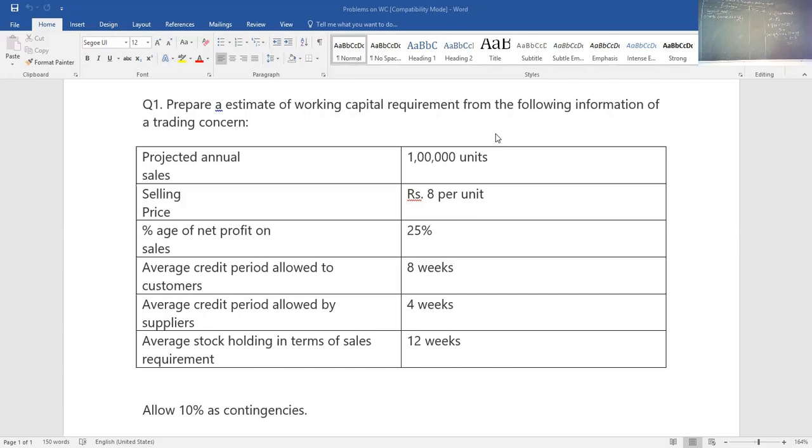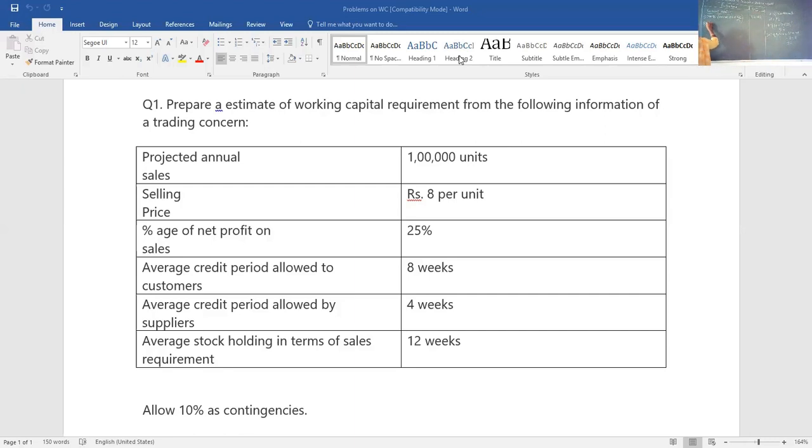Are you all with me? Okay, 1,38,461.5. So we can round it off to 1,38,462. Round it off if it is 0.5 and above.